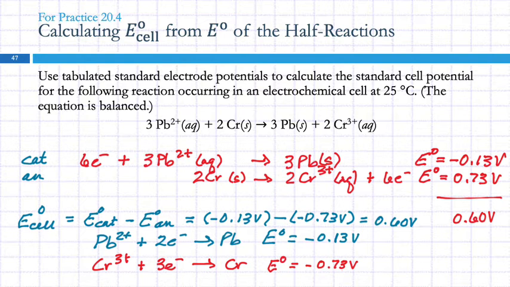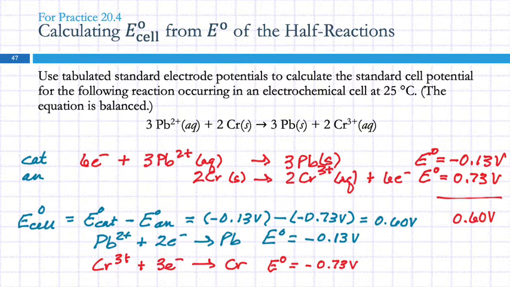Or, what I was doing here, I'm looking at the chemical reaction, pulling the half reactions apart, just writing them as they are here. I'm going to look up their cell potentials. If this reaction is backwards, I'm going to change the sign. If it's the same, I'm going to leave the sign. And then I'm going to add those together.